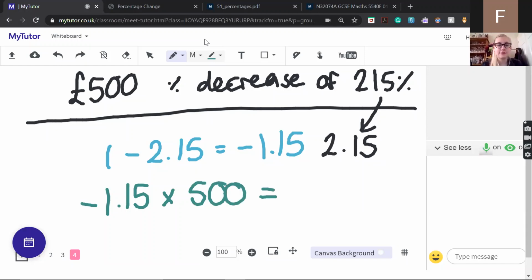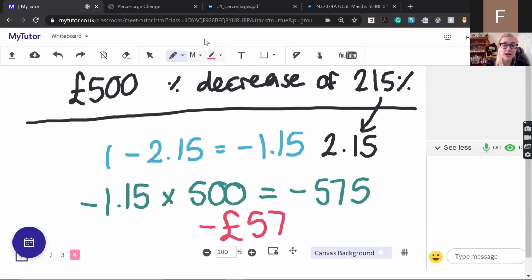And that's going to give us 500 times minus 1.15, which is minus 575. So what this company has done is they've actually made a loss in the next year and they've lost £575.